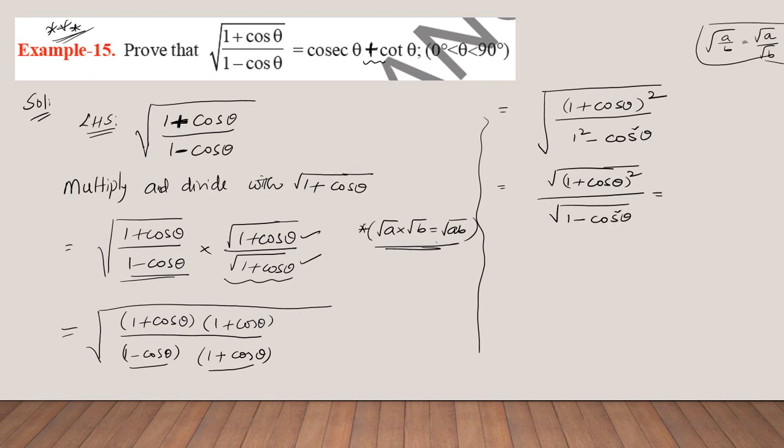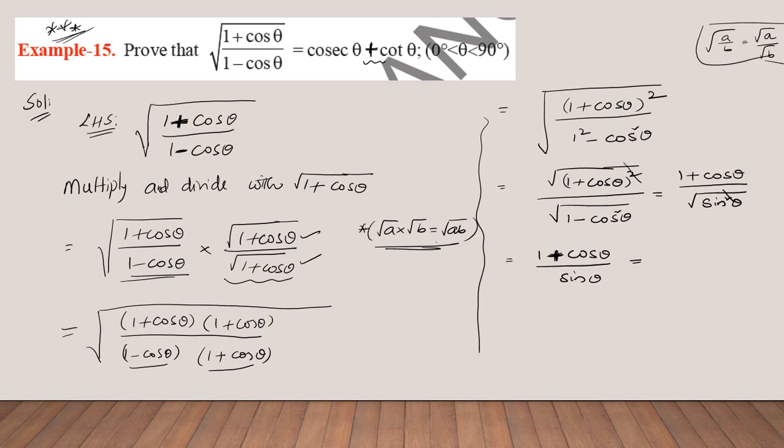Now in the numerator, the square and root I can cancel out. I can write it as 1 plus cos theta divided by square root of 1 minus cos square theta. By identity number 1, 1 minus cos square theta is sin square theta. So again I can cancel the square and root. Finally I am going to get 1 plus cos theta divided by sin theta. In the numerator I have two terms, because in the middle there is a plus, and the denominator has only one term.